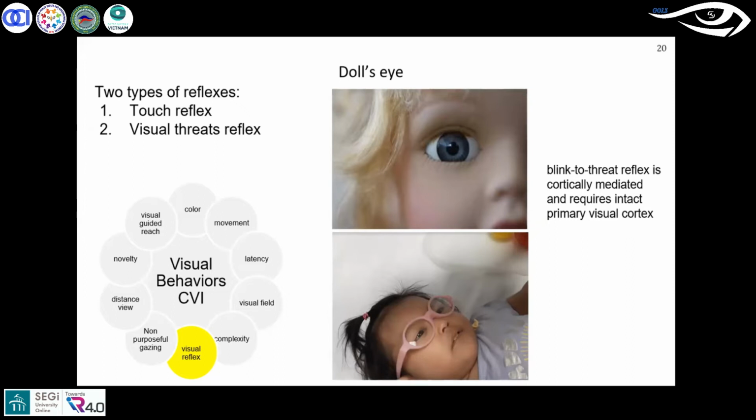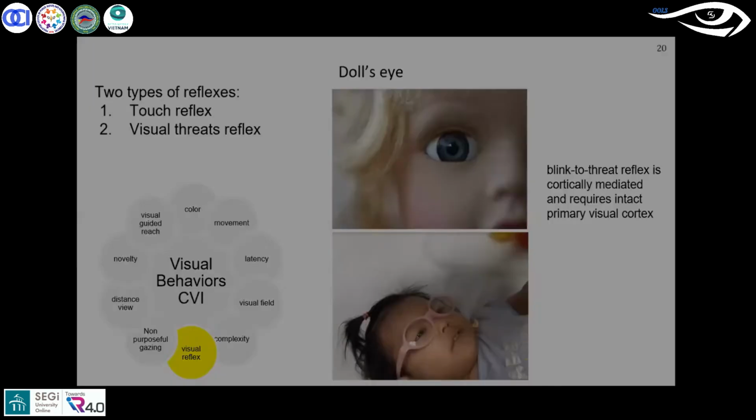But this is actually absent in children with CVI. So we call them as having a doll's eye reflex instead. And we know that this blink to threat reflex is cortically mediated and requires an intact primary visual cortex. However, most of the children with CVI have an absence of these two visual reflexes. And this is not something that we can train them to develop again.